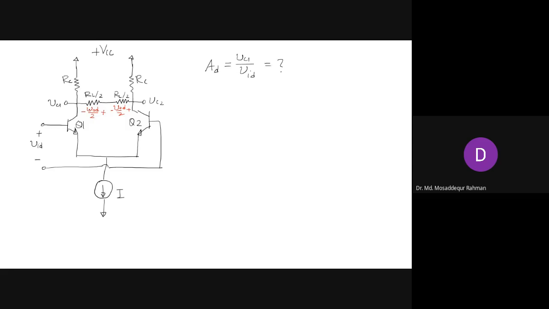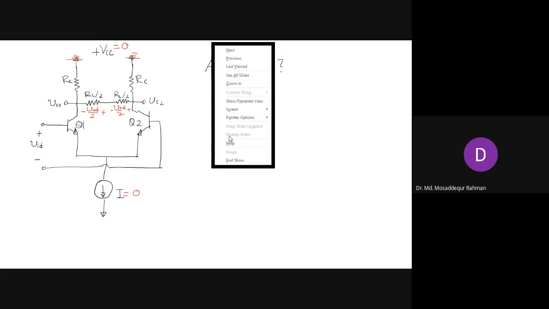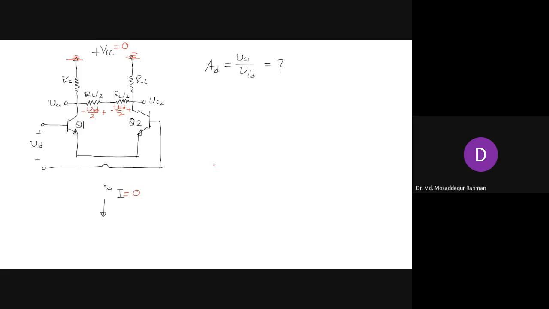So the total is still VOD. Now, if you want to analyze the circuit, our usual procedure is to set this VCC to 0 and the current source to 0, right? So then these two are connected to ground, and this part becomes open circuit. So we can just remove this.